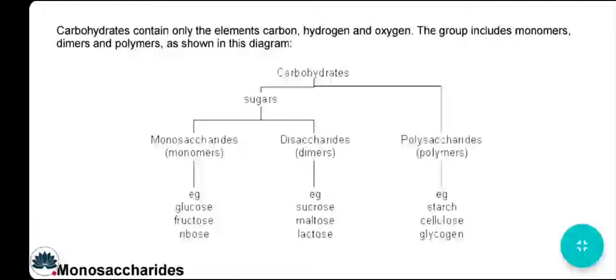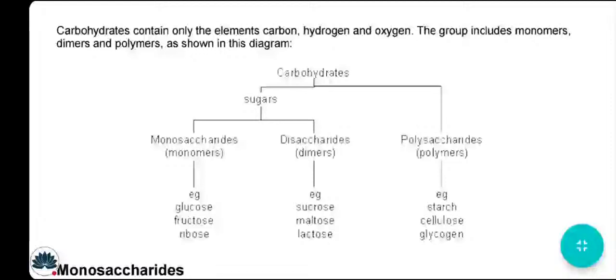It means that if the number of carbon is 6, then the number of oxygen is 6, and the number of hydrogen will be double of 6. So 6 multiplied by 2, and then you'll get the answer 12. We'll be discussing glucose and fructose structures in this chapter.